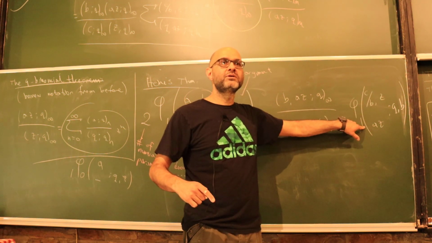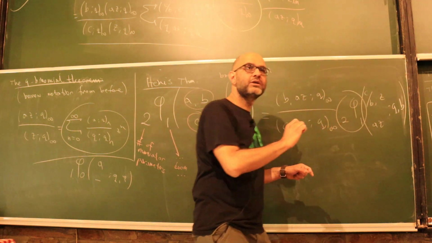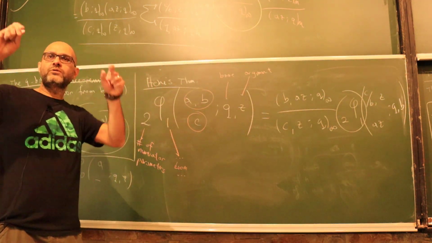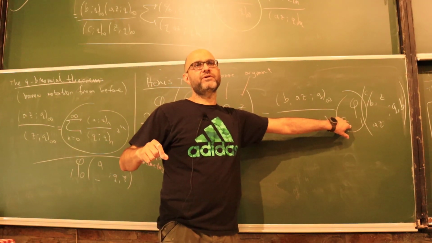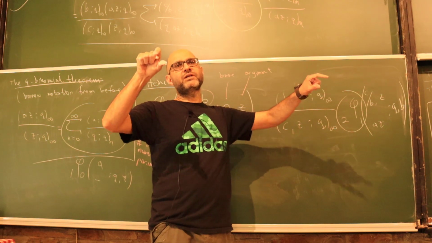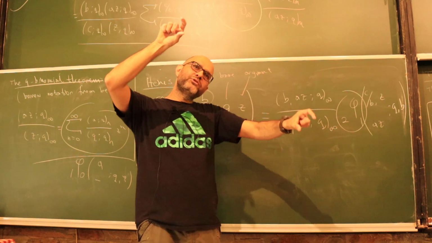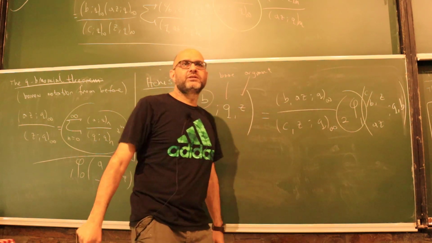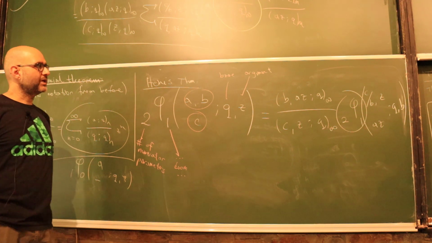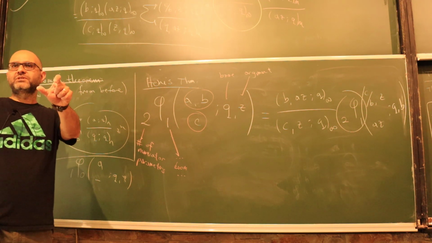This whole thing is the name of the function. Whatever you write on the left is the number of parameters in the numerator. Whatever you write on the right is the number of parameters in the denominator. Okay?